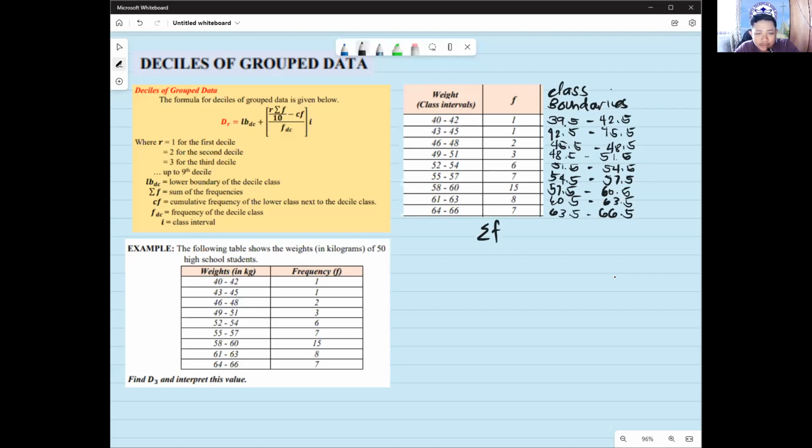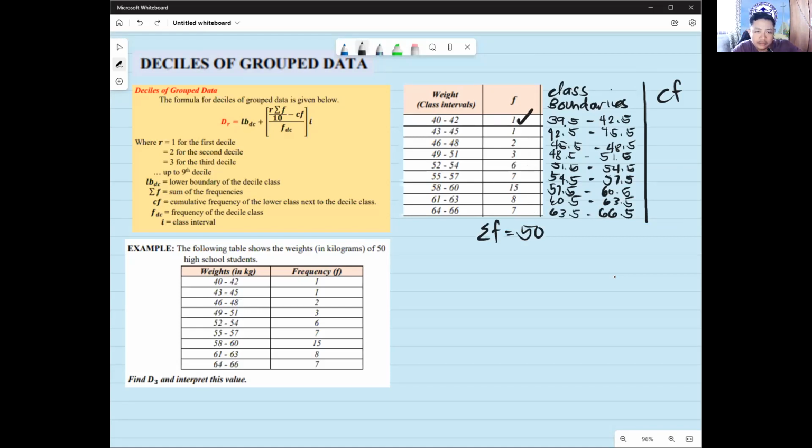1, 2, 4, 7, 13, 20, 35, 35 plus 15, 50. So that's the summation of f, which is equal to 50. And then after that, in here, our cumulative frequency, CF, we add from the start going to the last.